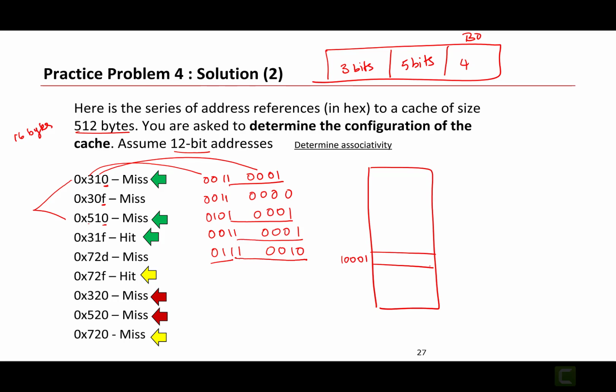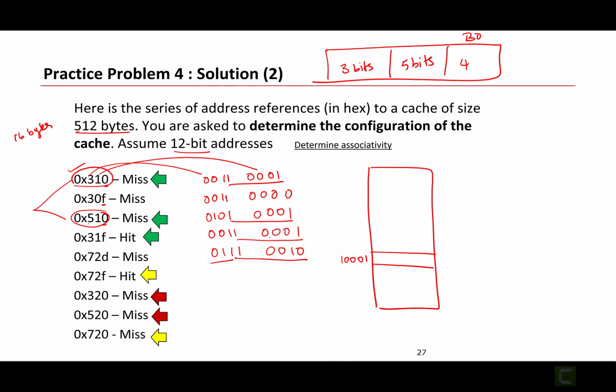So if this was a direct mapped cache, you can conclude that because this address will map to the same set as this address, it would have evicted this address. So let's simulate this cache and see what will happen.